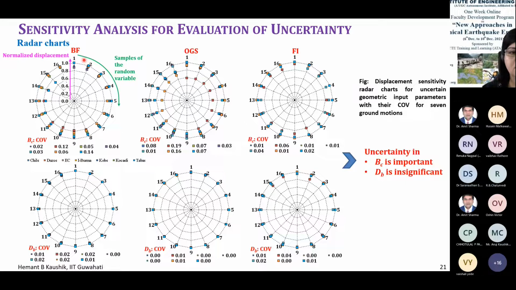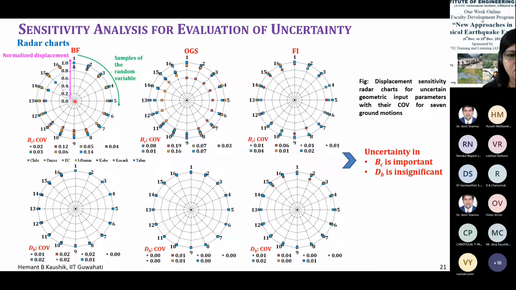And what you see here, along the periphery, you have these 16 samples, right? These are the samples of the random variables. Along this radial line, when you go out from the center, you have an increase in the displacement.